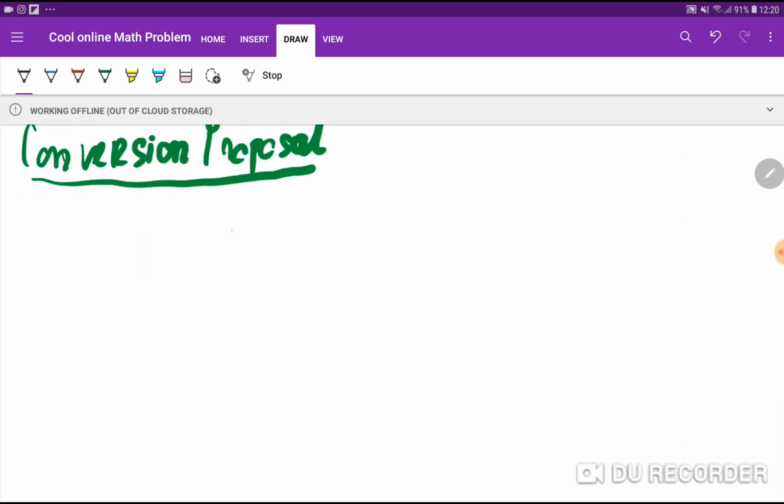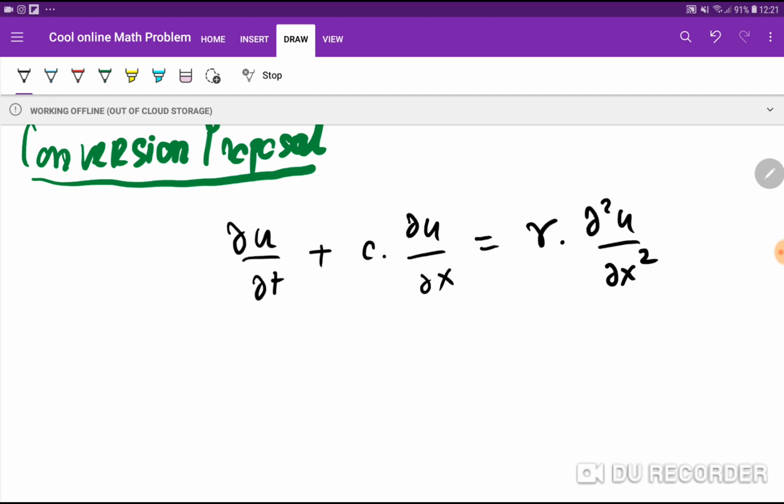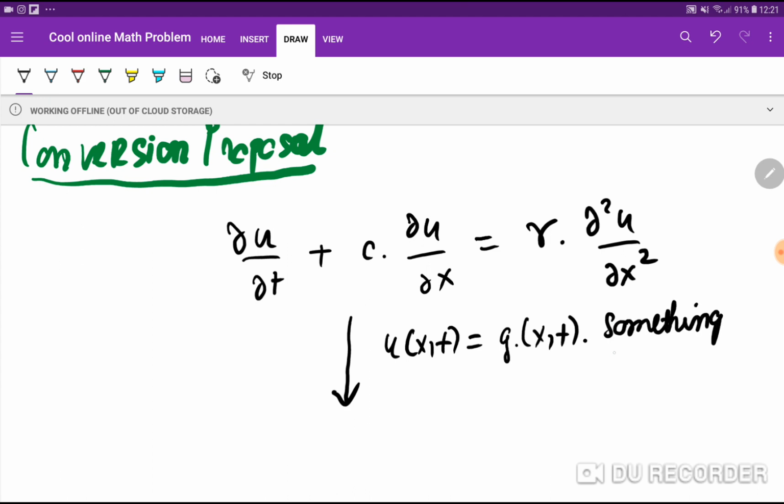We start with our original equation: partial u over partial t plus c times partial u over partial x equal to mu times the second partial of u over partial x squared. Our proposal is that we're going to substitute u as a function of x and t equal to g as a function of x and t times something, where this something is a function of x and t.